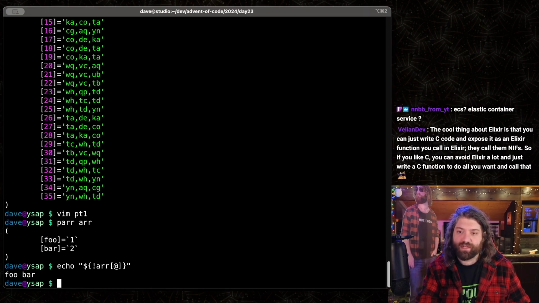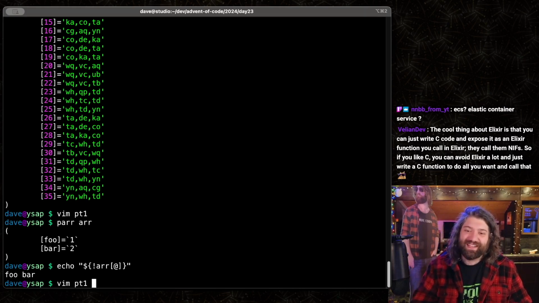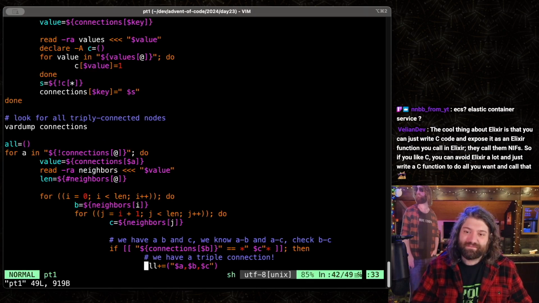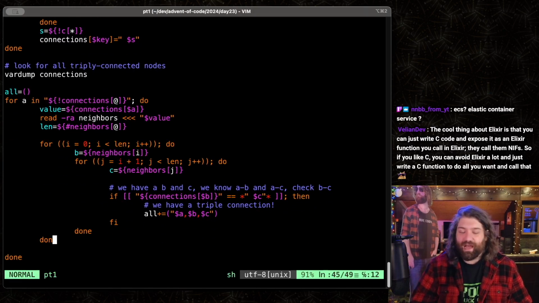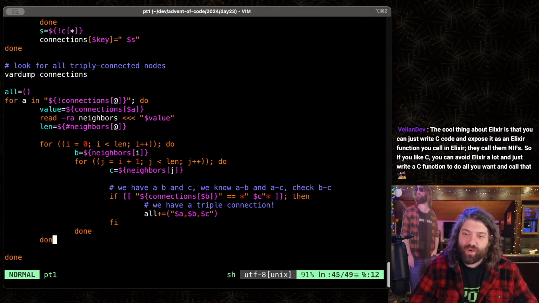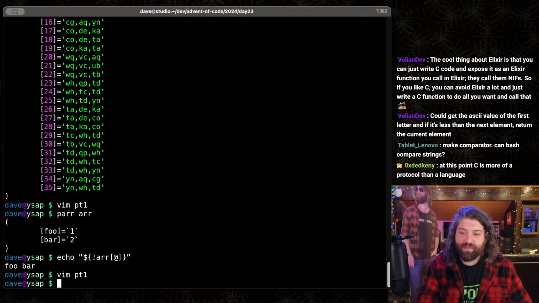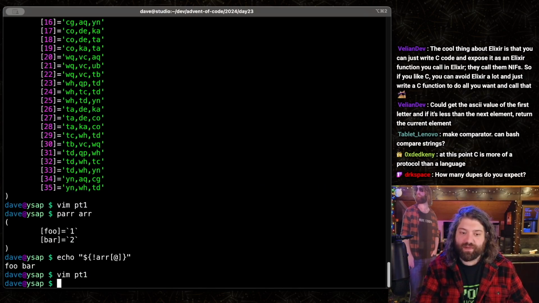Well, no, that doesn't look like it. So no, they're not. That doesn't help us. How would we get sort? If I have to pipe out the sort, I have to pipe out the sort. It's not the end of the world. Yeah, how would I sort this and normalize it in a way that makes sense? Let me think about this. Let me think about if that's even possible.